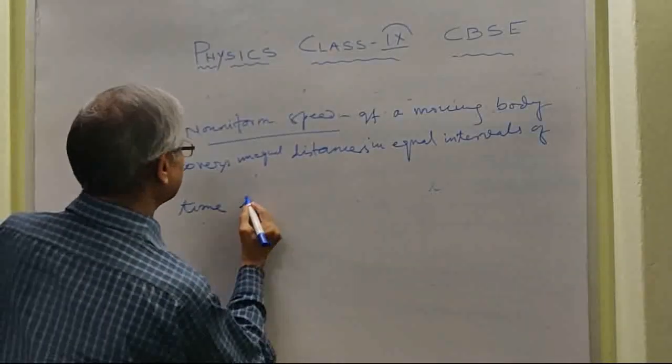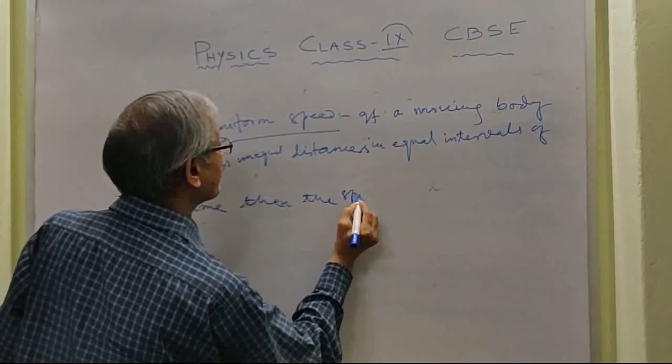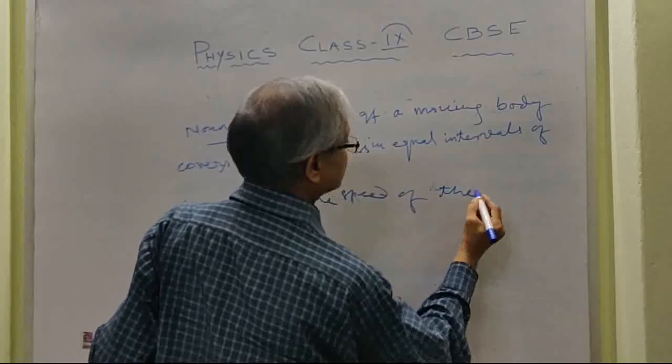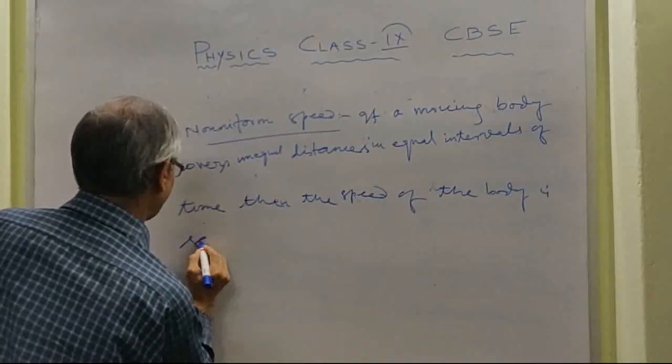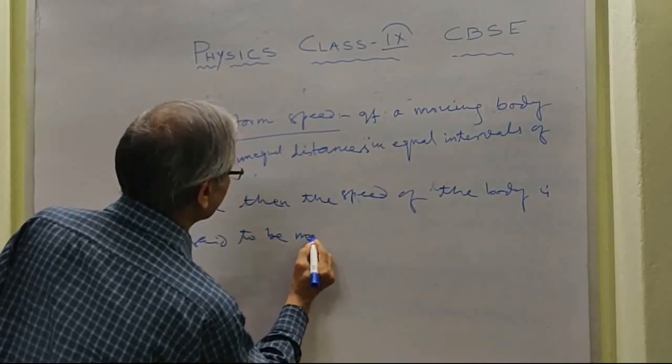Intervals of time. Then the speed of the body, of the object, is said to be non-uniform.